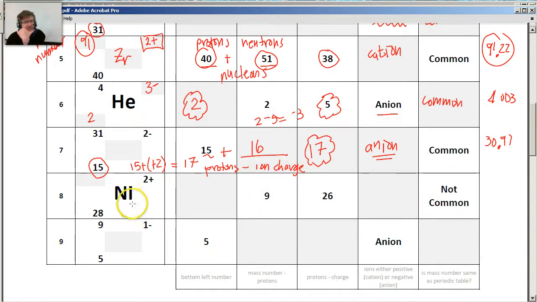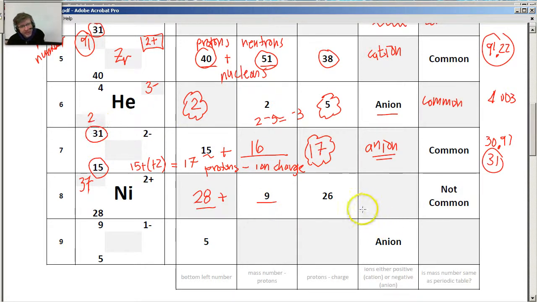Next one, nickel. Nickel is atomic number 28. That's also the number of protons. So 28 goes here. And 28 plus the number of neutrons is the mass number, 37. So that's how much stuff you've got in the nucleus of this atom. It's not common. Oh, by the way, did I say that the one above was common? Because this from the periodic table was equal to this.